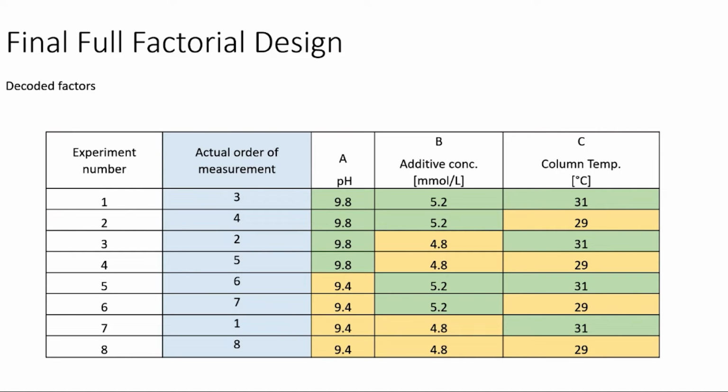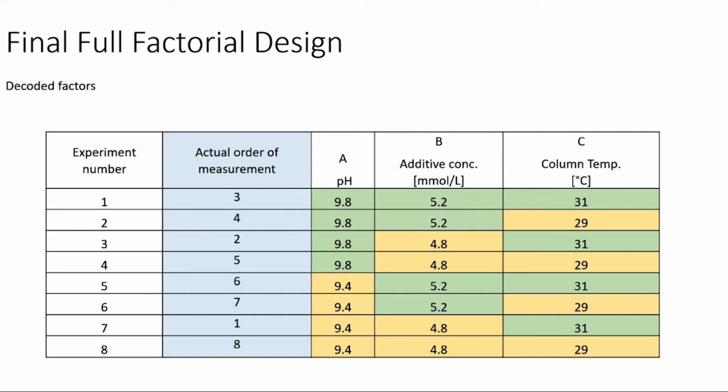Now we nearly can start performing our experiments and determining the retention time of norfloxacin, but we need to consider one more thing, and that's the actual order of measurement. The reason for this is that we can't be sure that there are no other factors which are influential to the retention time that we just have forgotten or have no control over.